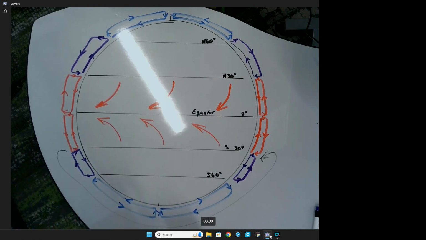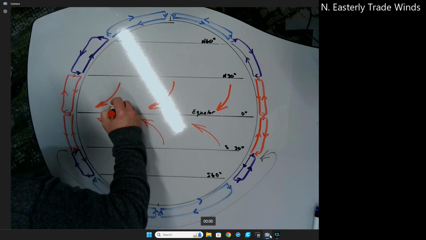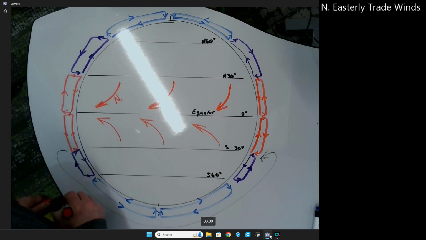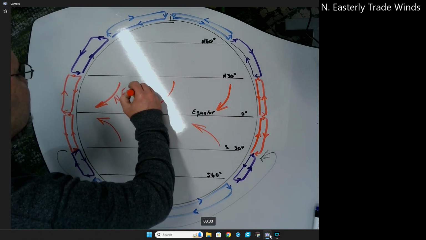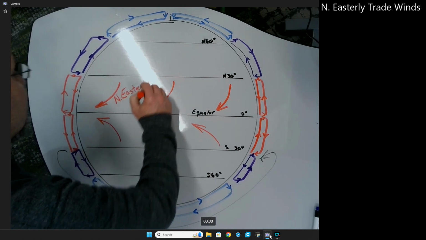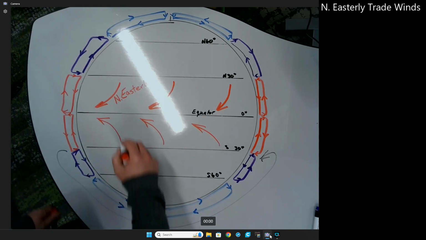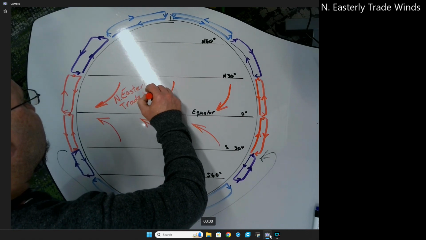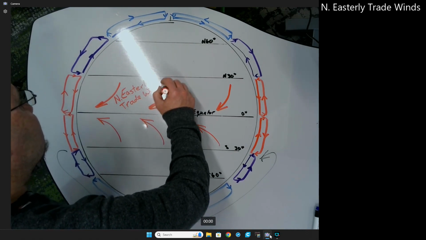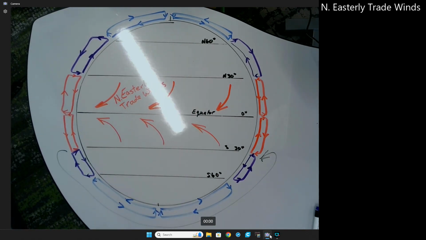And these here are the northeasterly trade winds, and I'm going to abbreviate north with an N. You might also hear it as northeasterlies.